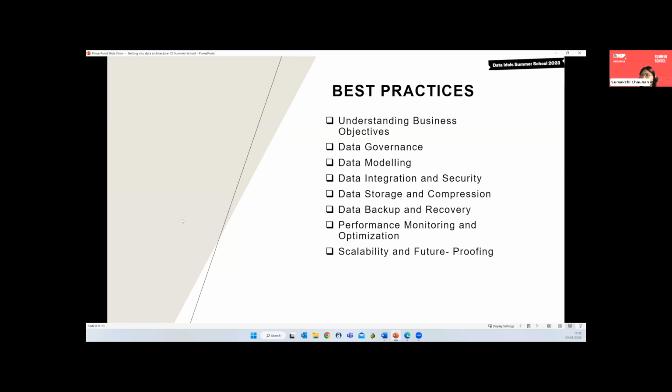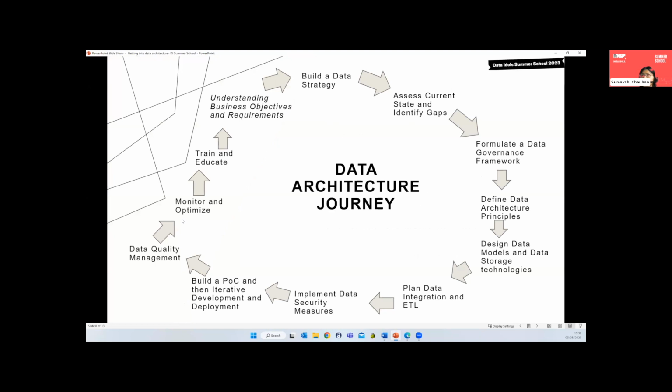So now let's look at how a data architecture journey looks like.